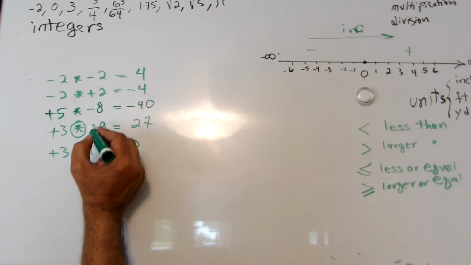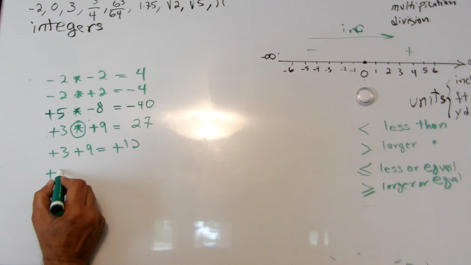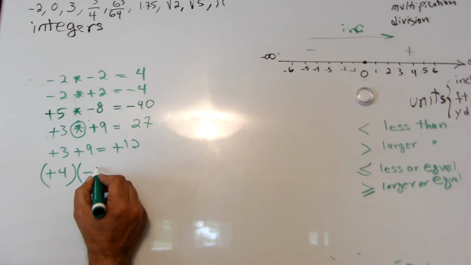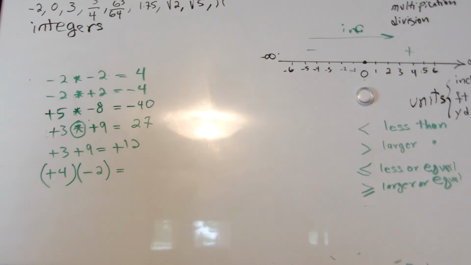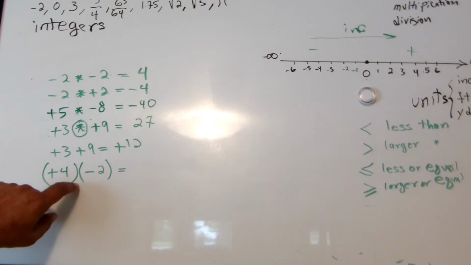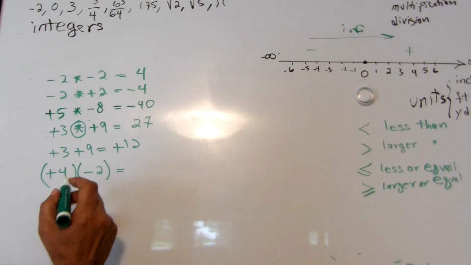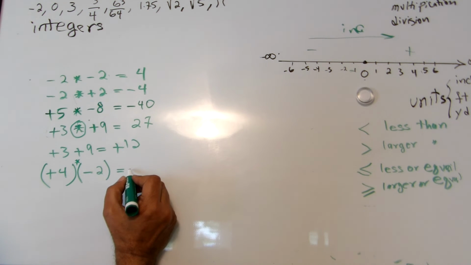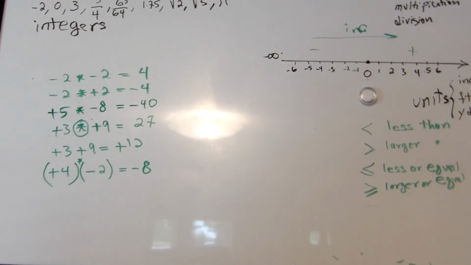You can write this way too: plus 4 in parentheses, minus 2, this is multiplication. If you want to write a sign in between, you can do that too. But this is going to be minus 8.